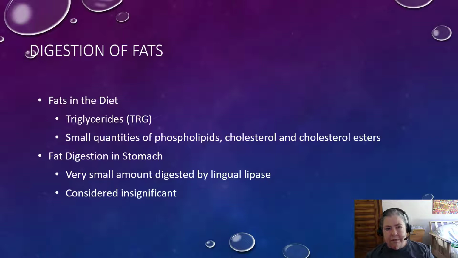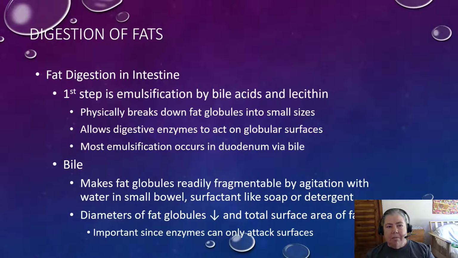So a little bit of lipase is in the saliva and works in the stomach. But the primary digestion of fats occurs in the intestine. And this is a little different from what we talked about with carbohydrates and proteins, which have very similar processes.